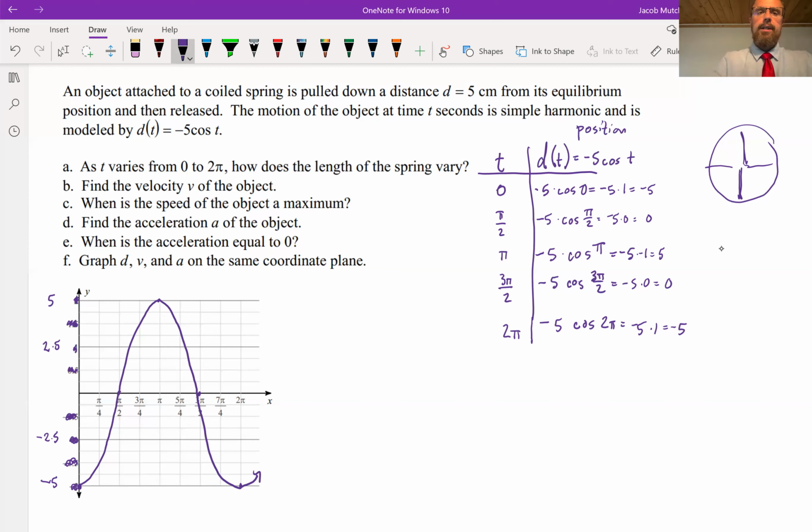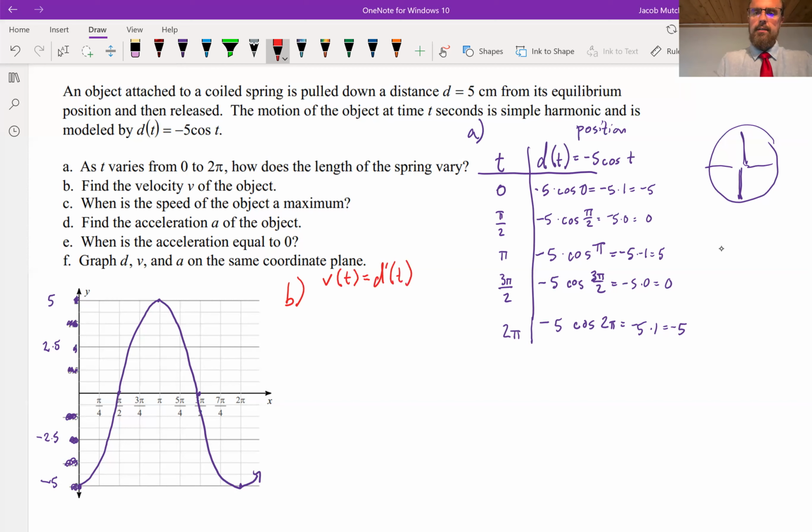Part B then changes gears. It says, okay, so you've found stuff about the position. That was part A. Part B is asking, what is the velocity? The connection we need to make is that the velocity of a function is the derivative of its position function.